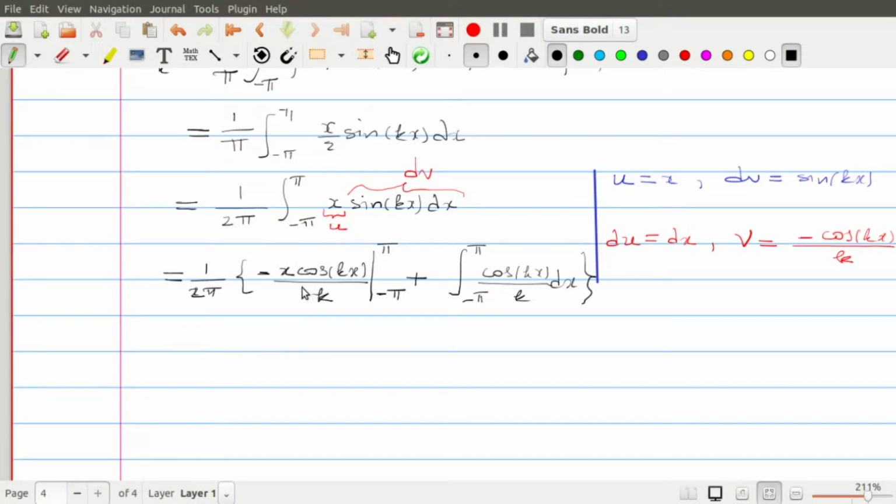So if we evaluate this, okay, let's keep it for now. Now the antiderivative of the other term, 1 by 2 pi here, so we can keep this negative x cosine kx by k.